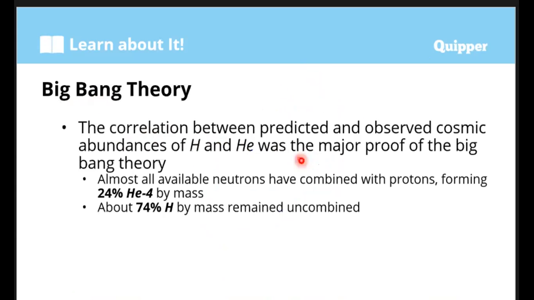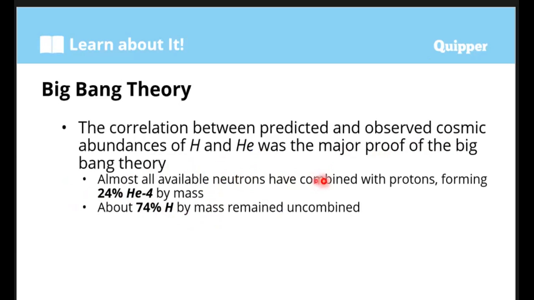So the correlation between predicted and observed cosmic abundances of hydrogen and helium was the major proof of the Big Bang theory, because as the universe keeps on expanding, there is helium and hydrogen being formed in the universe. Thus, it continues to give us the major proof of the Big Bang theory.